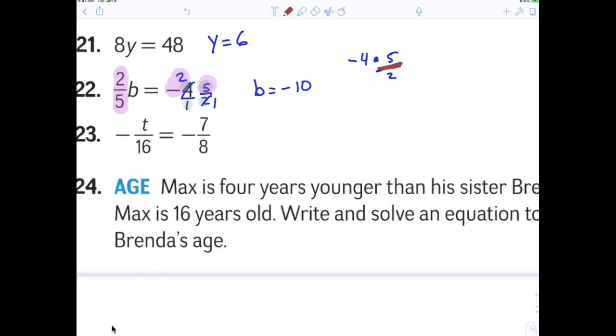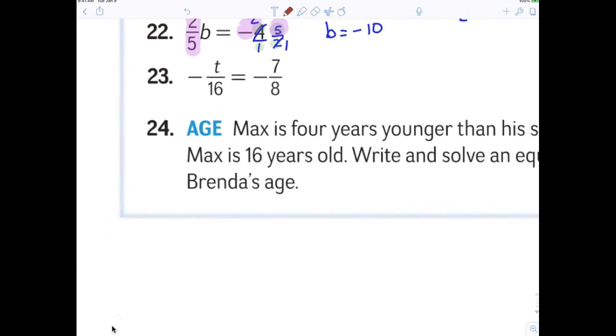All right. So now 23. What operation do we have on 23? Division. So how do I undo division? That's exactly right. So I'm going to multiply by -16. Now, of course, that's pretty good mental math because two negatives make a what?